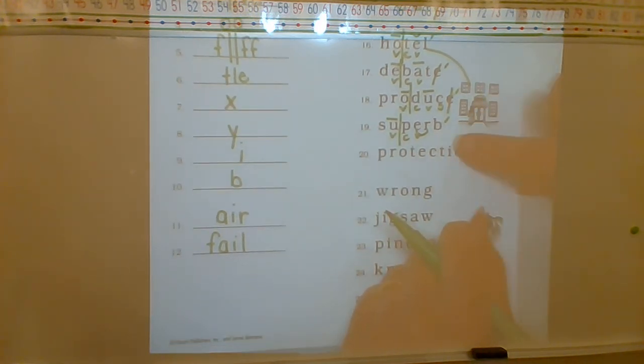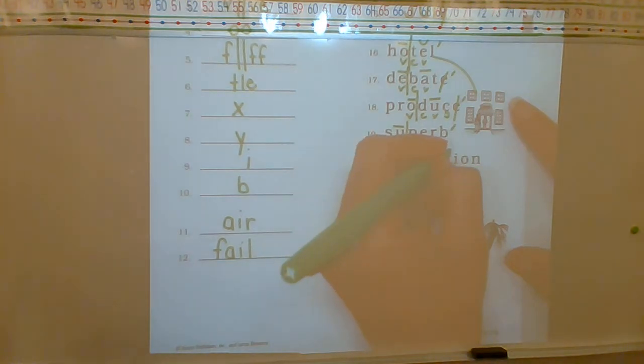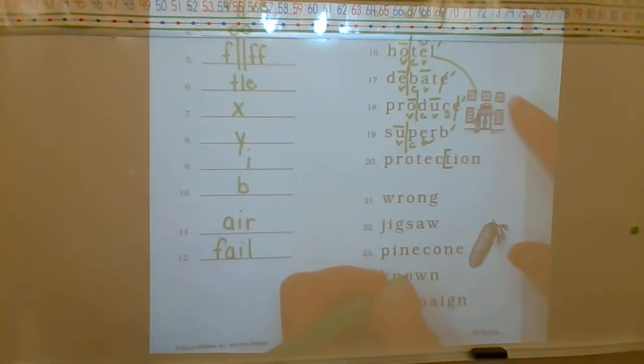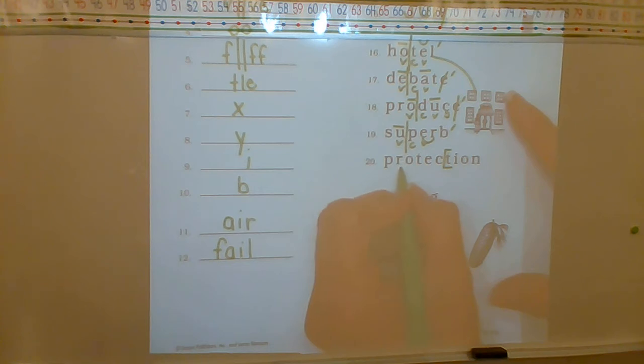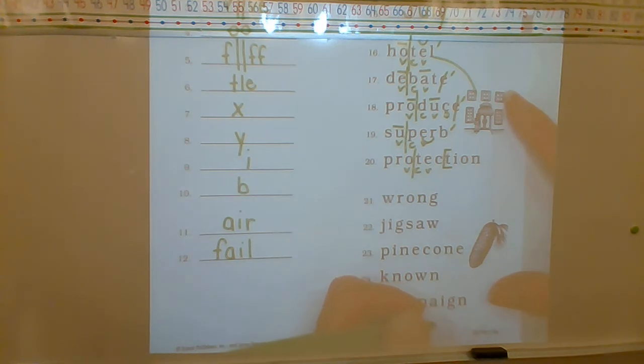I see that floating out here. Okay, not a suffix, but a final stable syllable. No crossing out. But that still leaves me with two syllables. So I'm going to mark your vowels and what's between them. Divide before the consonant.